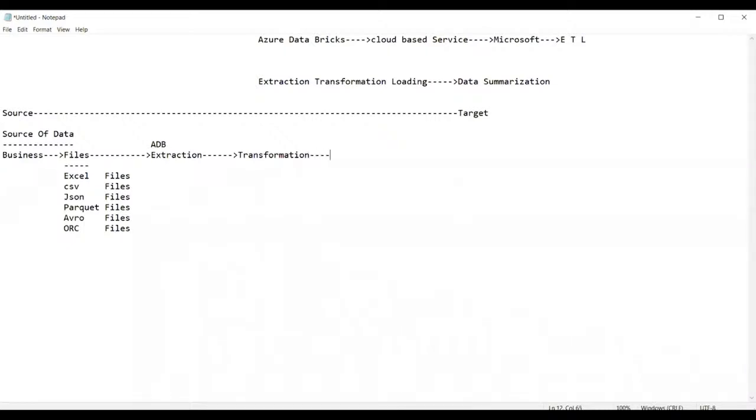Once the transformation is done on this data, ultimately the process of loading takes place. Loading means the final data will be transferred to the destination, that is called the target, or we can say destination.